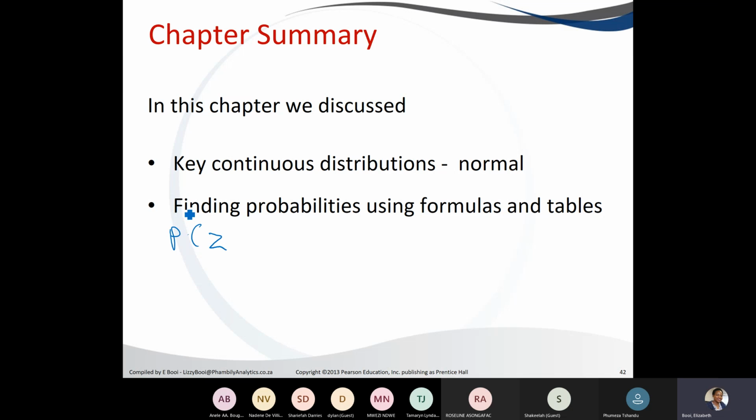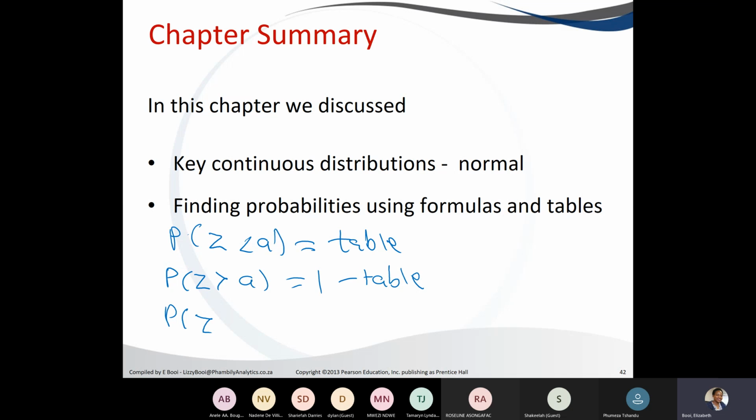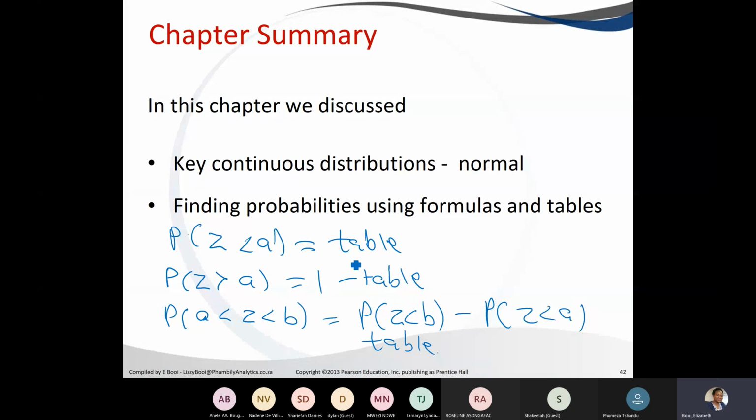So we know that we find the probability of Z less than a value from the table, and we find the probability of Z greater than the value as 1 minus the value we find on the table, and the probability of between, which is Z lies between two values, A and B. We find it by using the probability of Z less than B minus the probability of Z less than A, which means we go find the value on the table for B and the value for A and subtract one from the other.